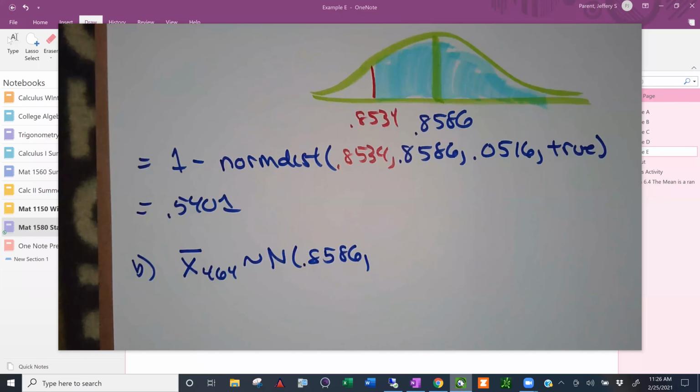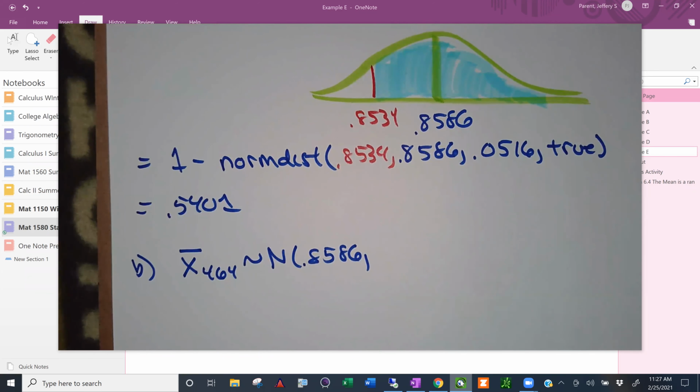But somebody I haven't heard from yet, tell me what the standard deviation is going to be. How is that going to change? What's it going to be, or how am I going to calculate it? Okay.